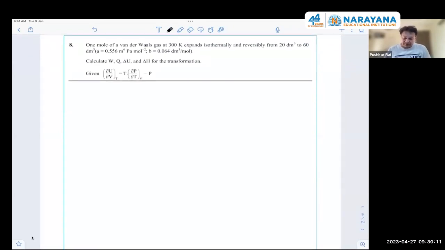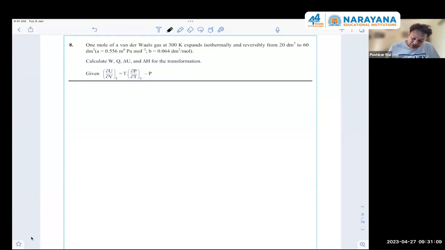Question number 8. 1 mole of a van der Waals gas at 300 Kelvin expands isothermally and reversibly from. Can it be done? See, I already gave del U by del V. The dimensions are there. So 7 and 8 are related questions. And see, we can give a twist to this.